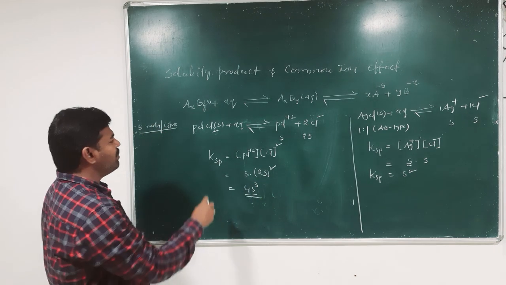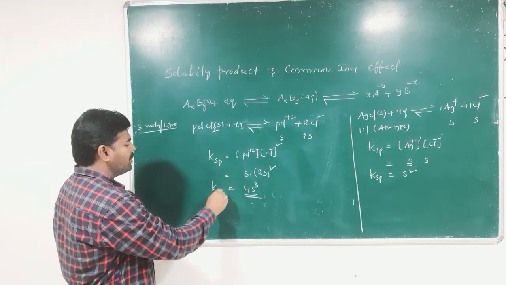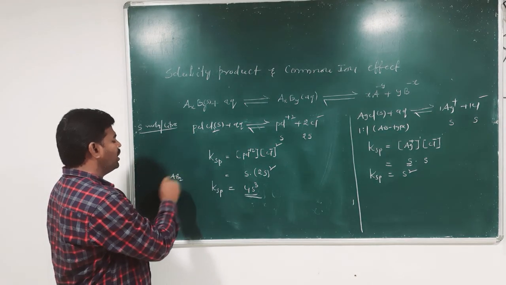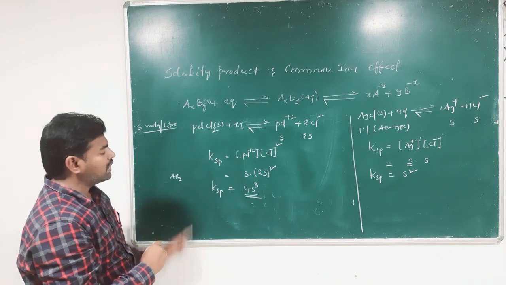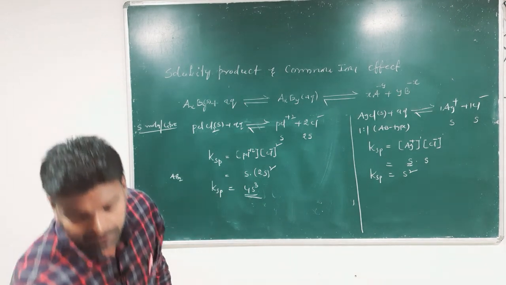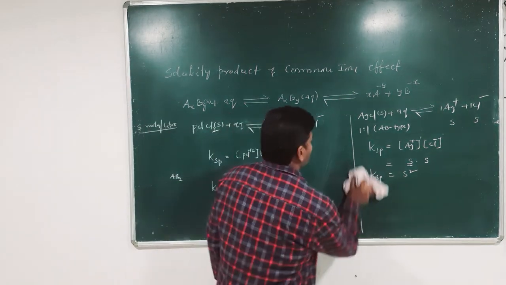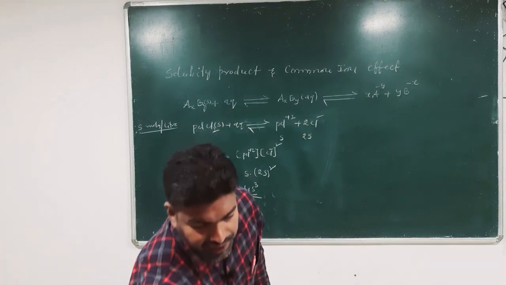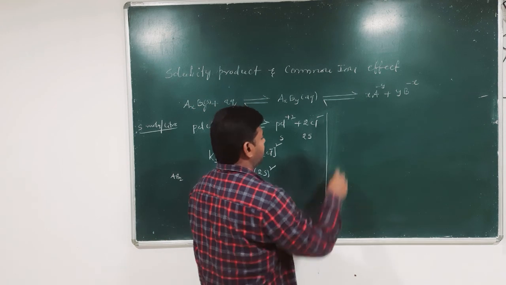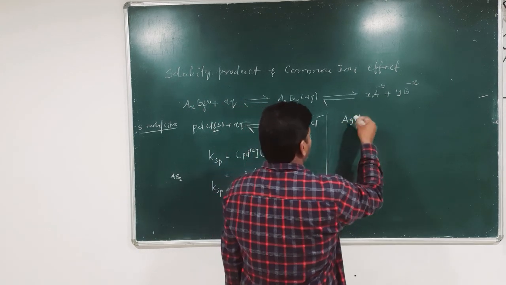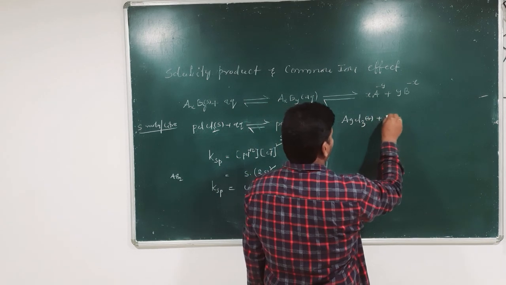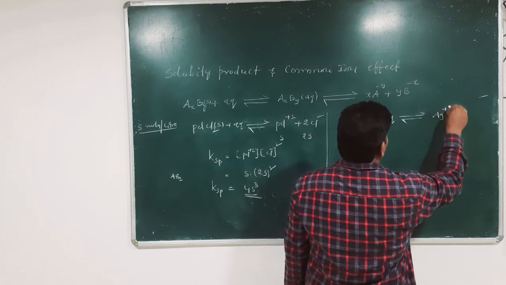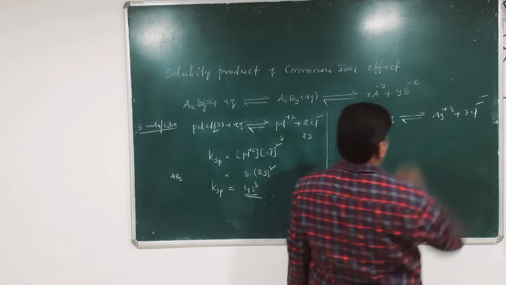So for the AB2 type electrolyte or salt, Ksp is 4S cube. Now, we shall calculate the solubility product of the AB3 type. If you take AlCl3, it is a solid, and when dissolved in aqueous media, it establishes an equilibrium: Al3+ and 3Cl-.